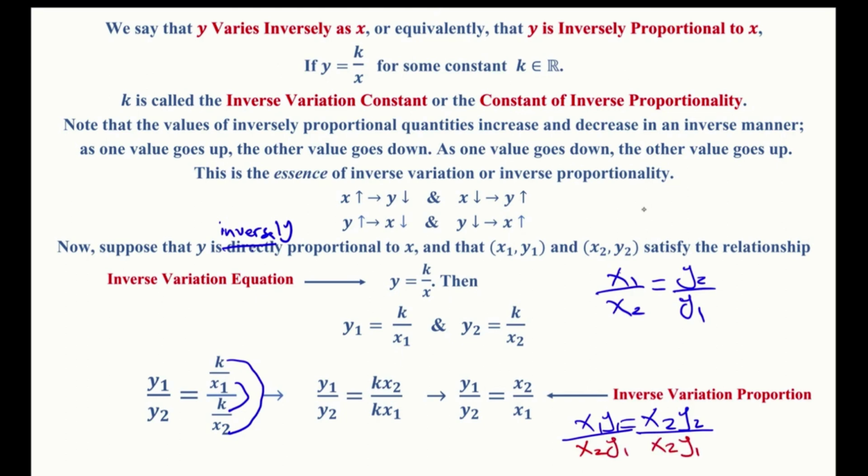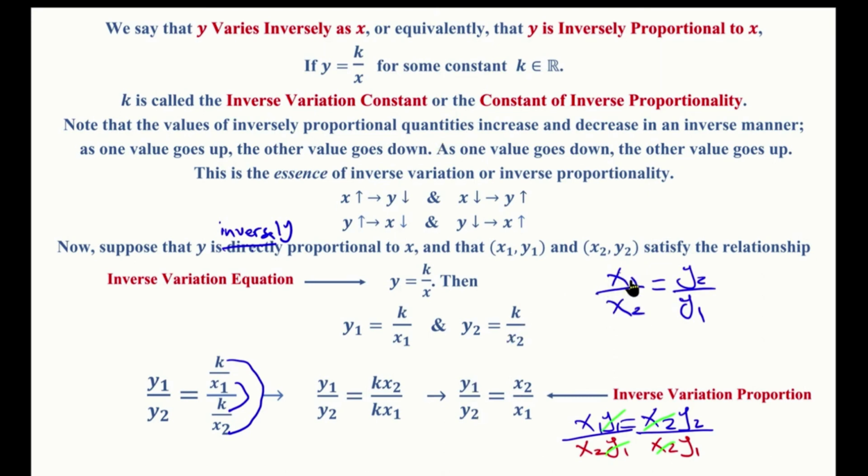Look what happens: the y1s cancel out and the x2s cancel out. So you get x1 over x2 equals y2 over y1. So this definitely comes from this fact, and vice versa. If you have this, you can prove this is true too.